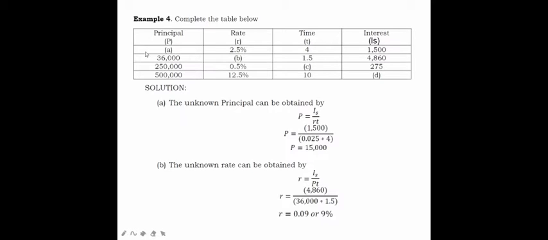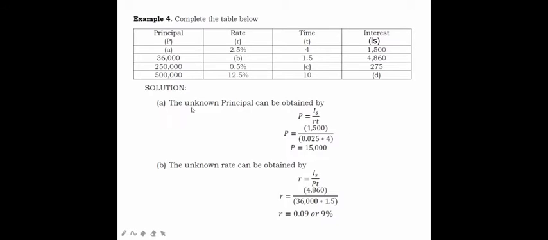So we are going to solve for letter A, given the rate, which is 2.5%, the time, which is 4 years, and the interest, which is 1,500. Letter A, the unknown, is the principal. A while ago, we derived the original formula, which is I sub s equals P times R times T.